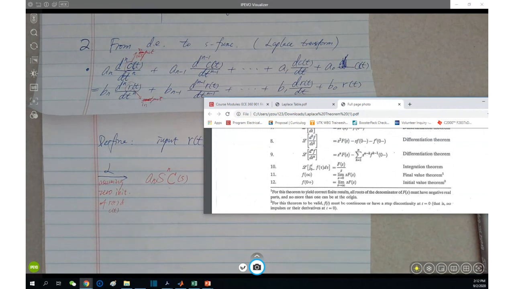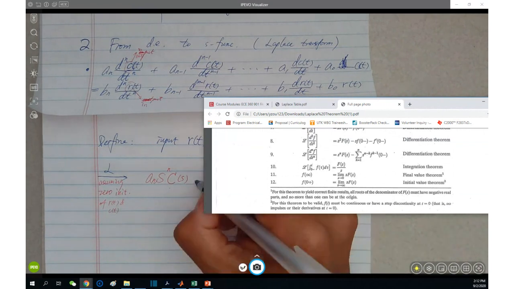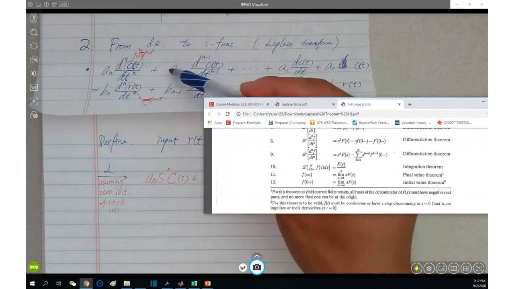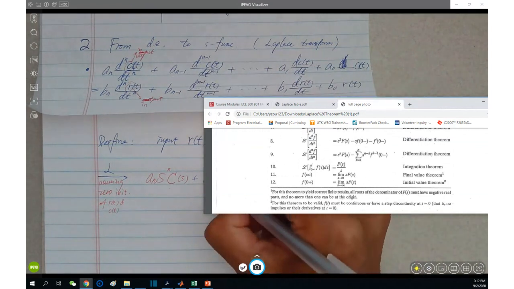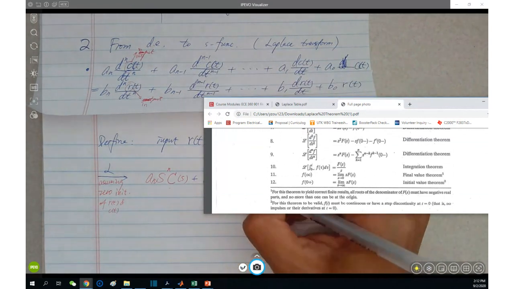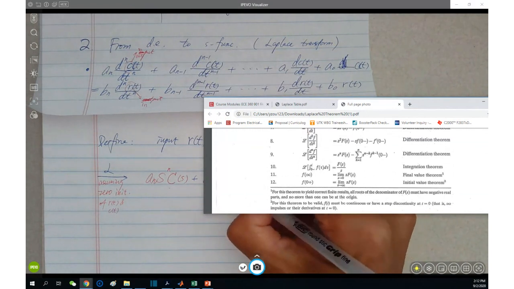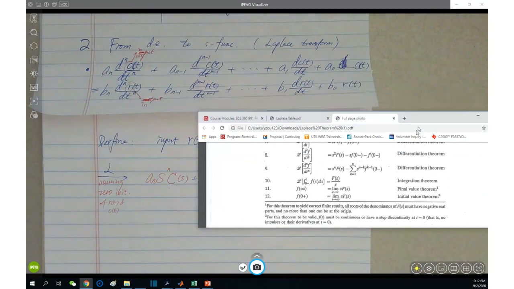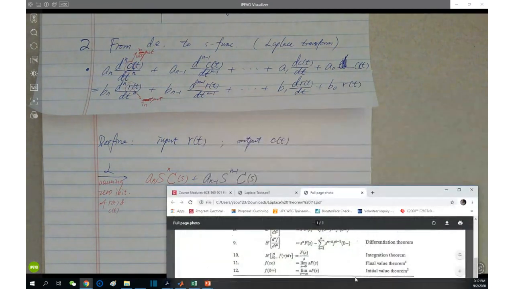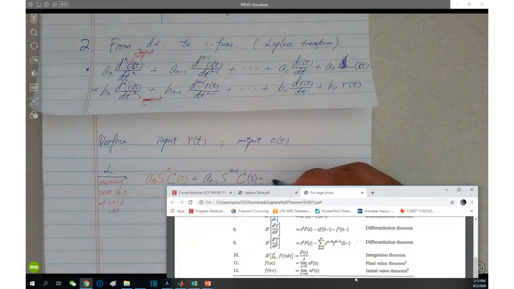All right, if this is clear, then what are the rest? The second term is this term, and what do we get? a n minus 1 times s to the n minus 1 times capital C of s. Does it make sense? This is the second term, and so on and so forth.